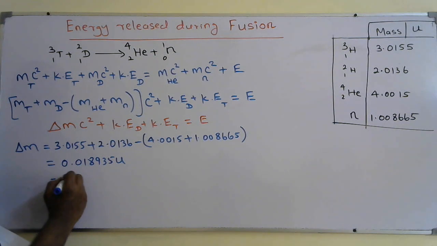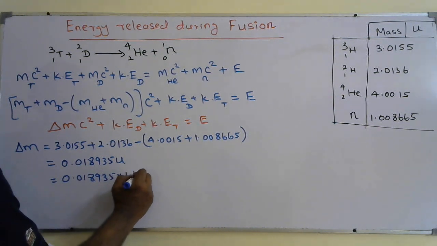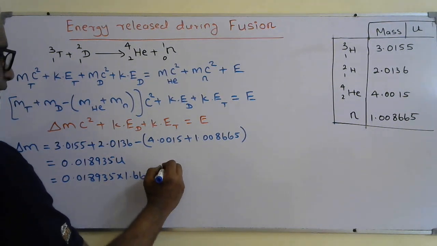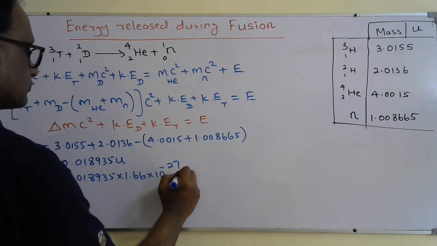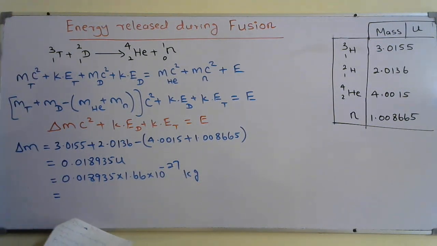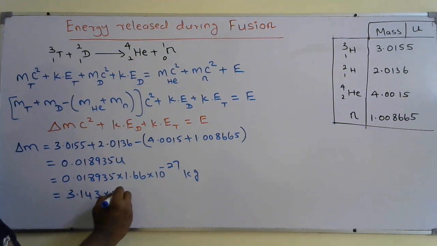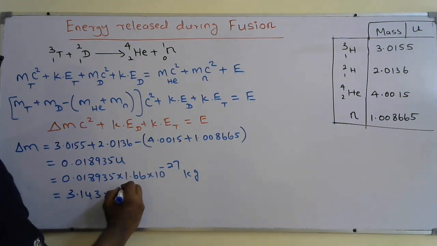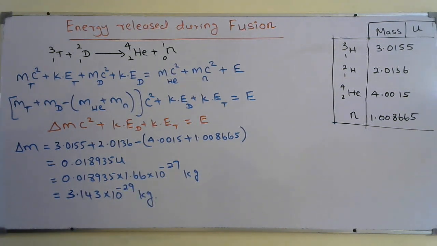Convert to kilogram: 0.018935 times 1.66 times 10 to the power minus 27 kilogram, which equals 3.143 times 10 to the power minus 29 kilogram.